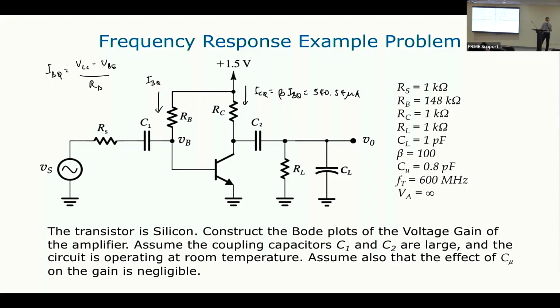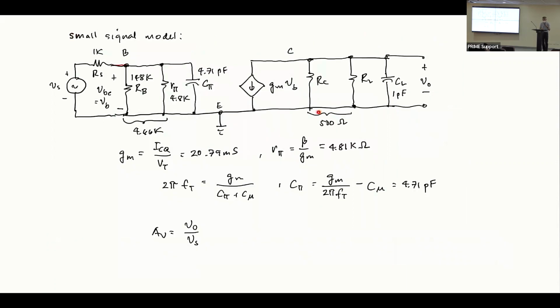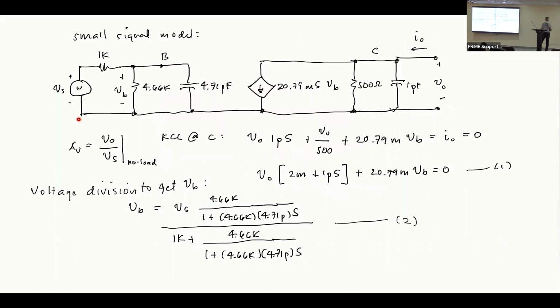So I just have R sub C in parallel with R sub L, that's both 1K. So the parallel combination now is 500 ohms. So this is now my simplified small signal model where I already put R sub B in parallel with R pi here, that's 4.66K. And then my R sub L in parallel with R sub C, both 1K, so this becomes 500 ohms.